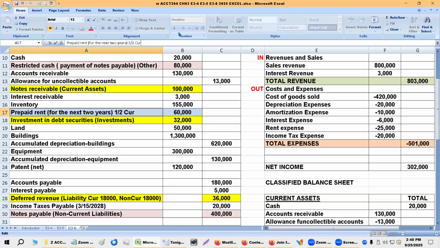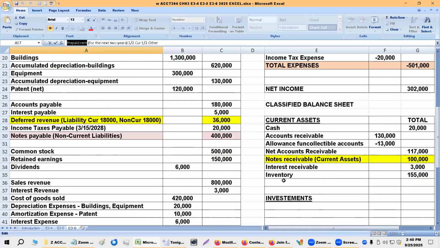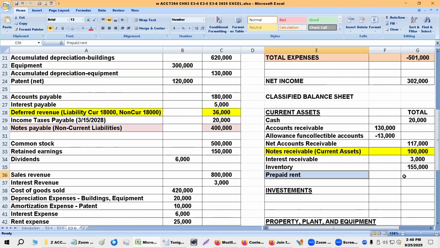So one half will be current and one half will be other. I'm just going to copy the name, prepaid rent. One half of that is 30,000.